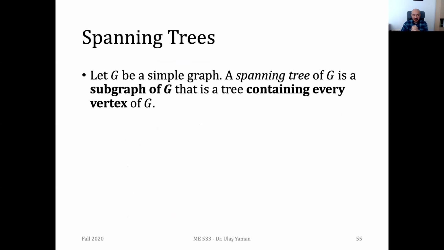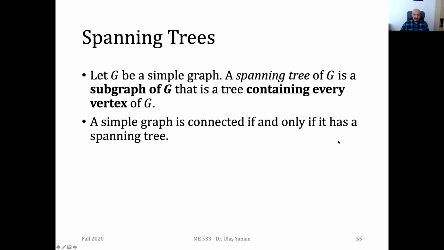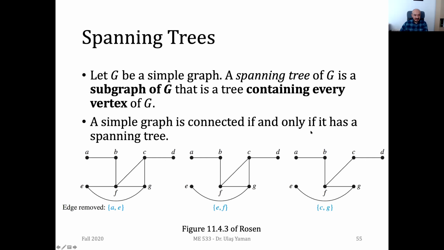Assume that we have a graph, called G, and we are trying to find the spanning tree of that graph G, and obviously it will be a part of that graph G. So we can say that spanning trees are subgraphs of G, and they should contain each vertex of G. The given simple graph can be connected only if you have a spanning tree. Otherwise, we cannot say that the simple graph is connected.